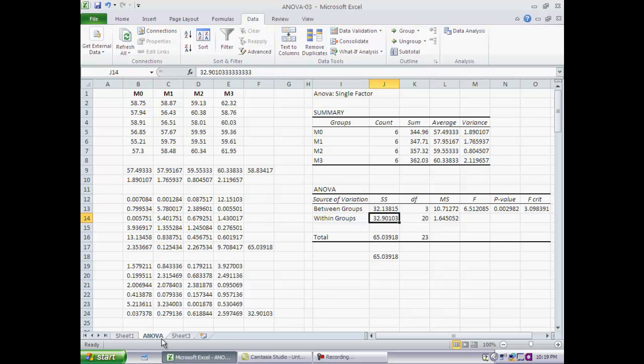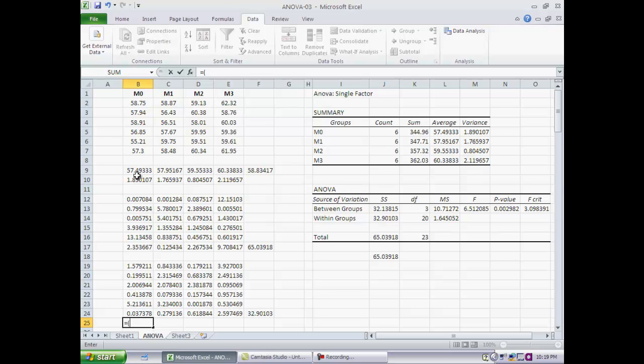Now imagine what would happen if all the data points in the first sample, all these six values in the first sample, were exactly at the center of the first sample. So every value in the first sample was 57.49.